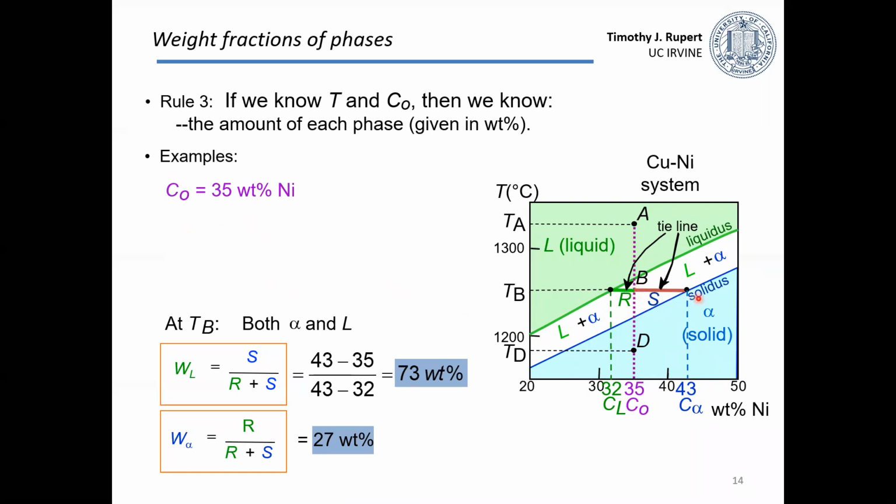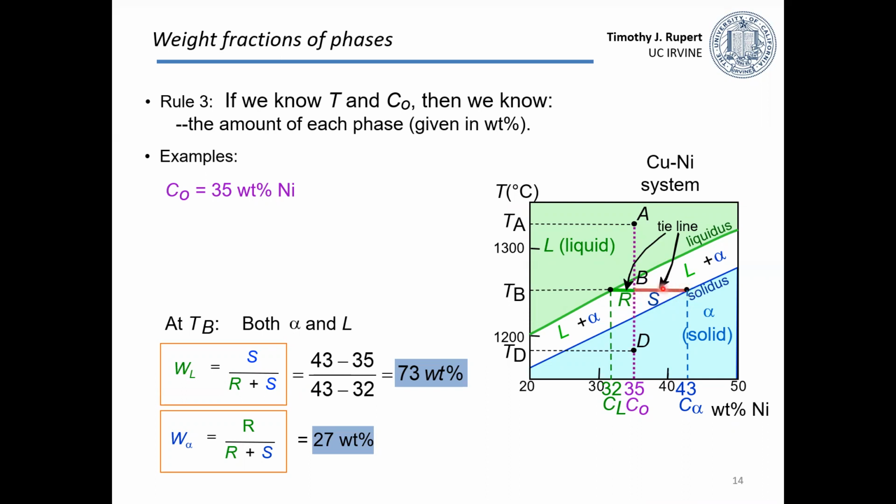And the idea is that those amounts just have to add up to be equal to the 35% nickel. The way we do this, and it's easy to see with this tie line, is if I want to know how much liquid is in there, I take the length of the other chunk of the tie line.